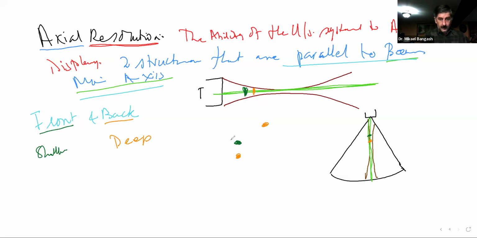Or parallel to the beam's main axis, and we see these two structures separately and accurately displayed. They appear as their actual size and at the actual distance from one another, correct in their shape, size, and location. That would mean that we have a good axial resolution.